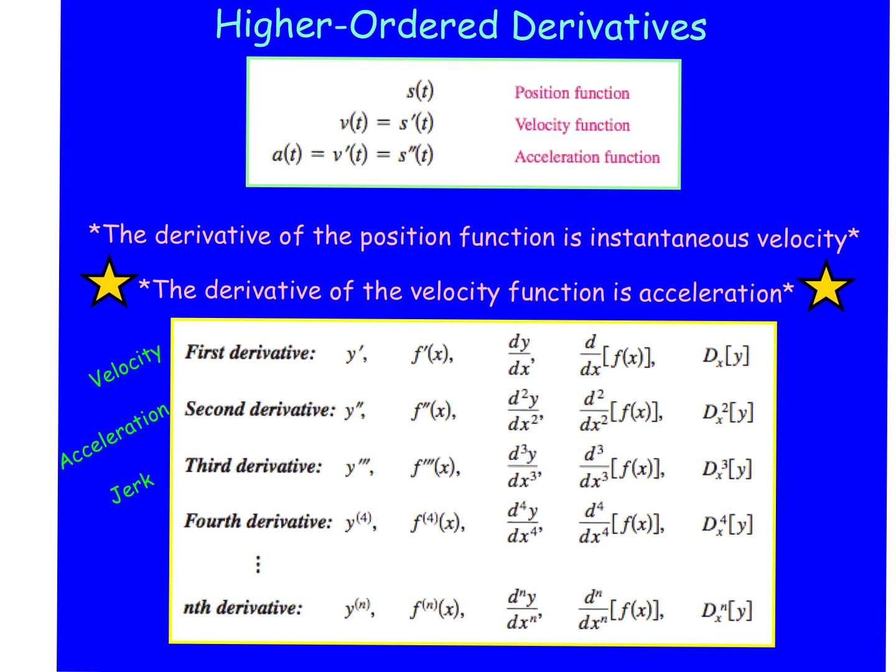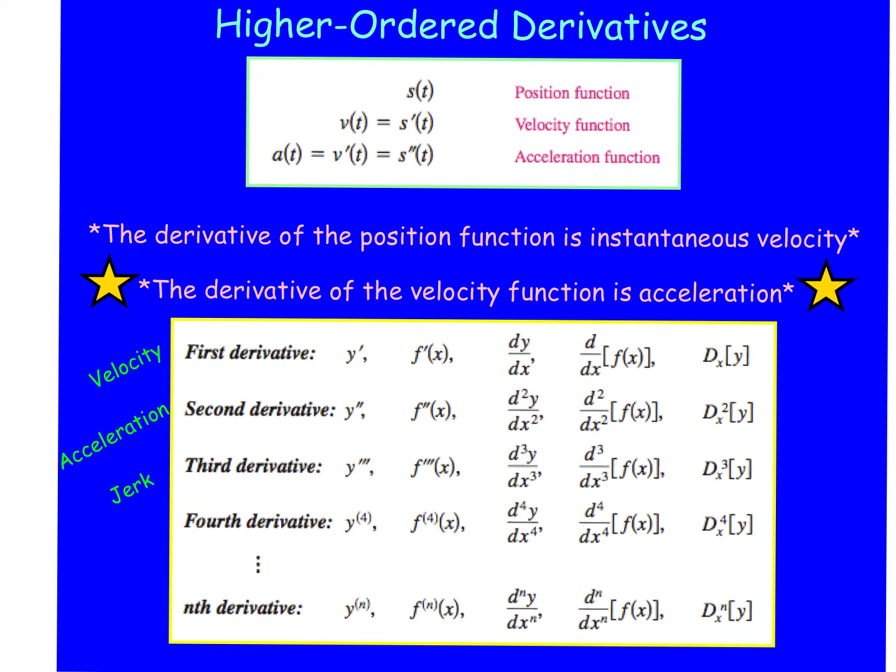All right, let's talk about derivatives. So if you have a position function, that's s of t. If I talk about instantaneous velocity, what do I take? A derivative. So the derivative of position is velocity. We can notate that by s prime of t or v of t. It means the same thing.